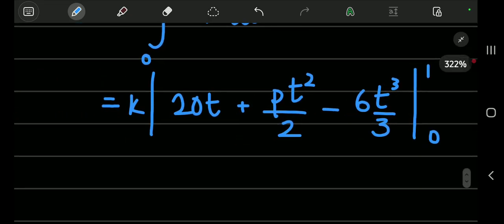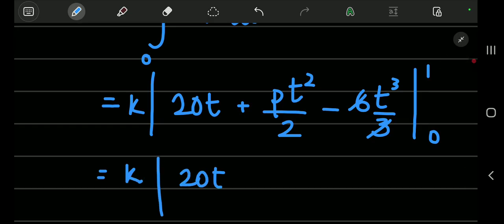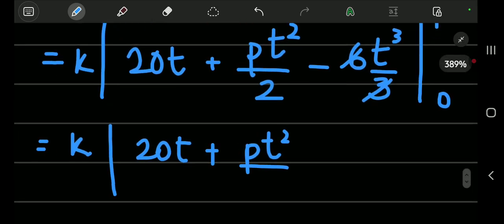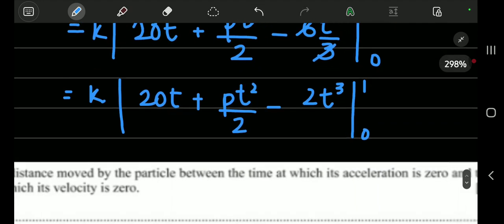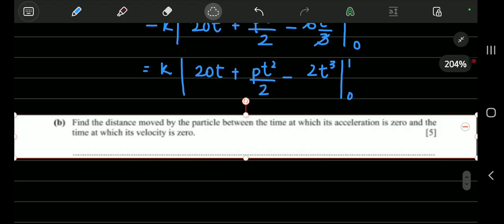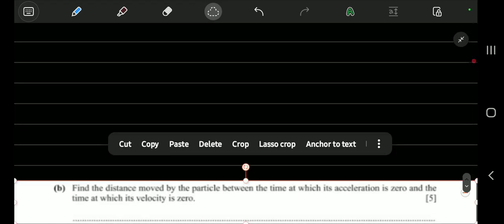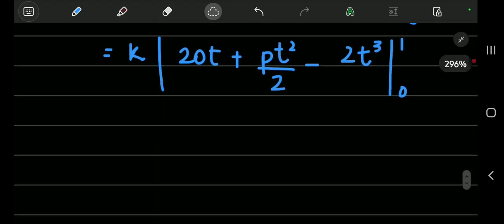Now we can simplify it further: 6 over 3 is 2.